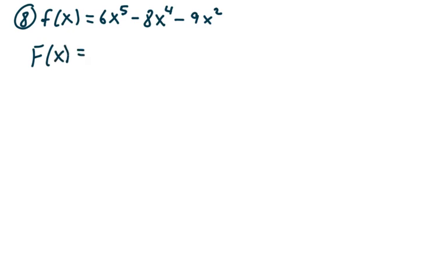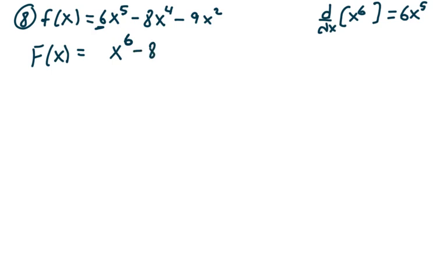So I get to take x and move it up a degree. And so I'm going to go for x to the 6th, because that's 1 up from 5. And if you look, the derivative of x to the 6th really is 6x to the 5th, right? And I want that 6 there. So the first term is good.